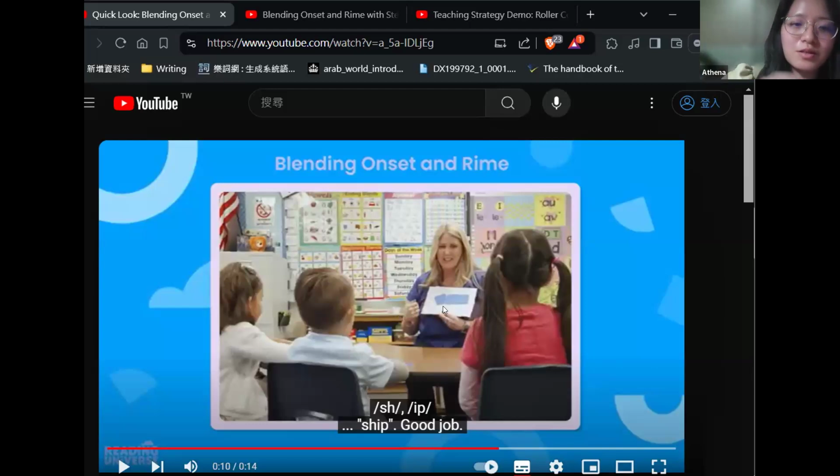You don't need to use the way, but why? Why did she do this? So let's take a look again. Okay, Matt, you are right. She is teaching students how to decode or how to recognize the onset and rhyme. But I don't know whether you guys noticed that she didn't write down anything here. Okay, so let's take a look again.